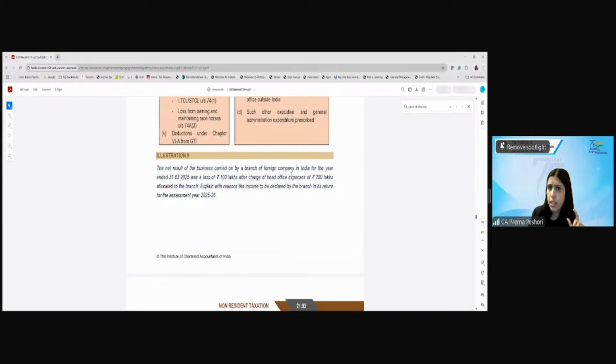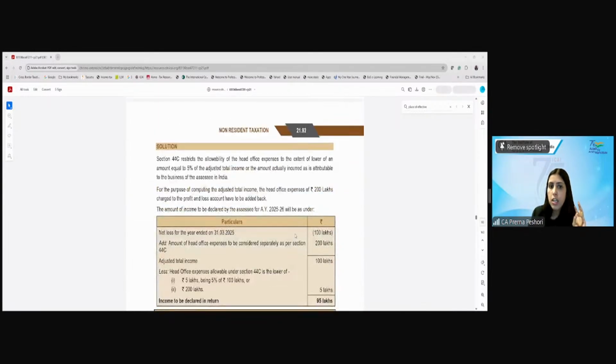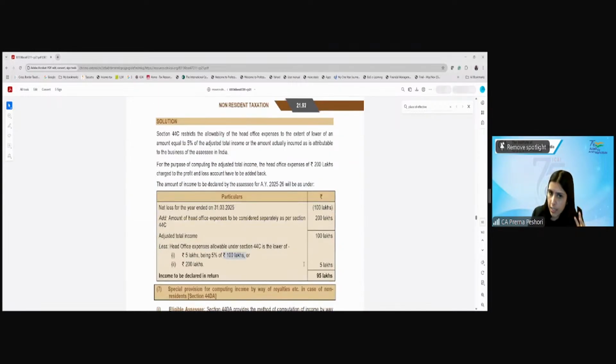What is my adjusted total income? 100 lakhs loss plus I'll add back 200 lakhs. So what will happen? 100 lakhs profit, right? So 5% of the 100 lakhs or the 200 lakhs which is actually paid, whichever is lower. So we'll consider 5 lakhs here. Are we clear?